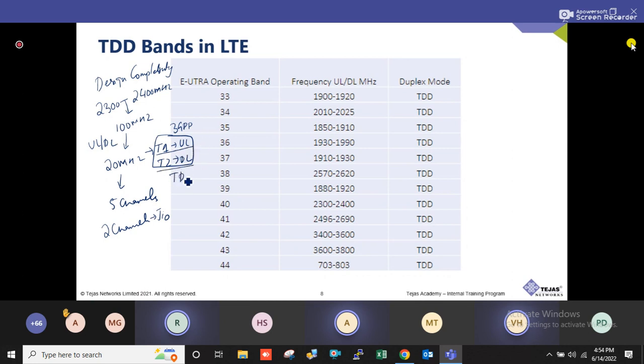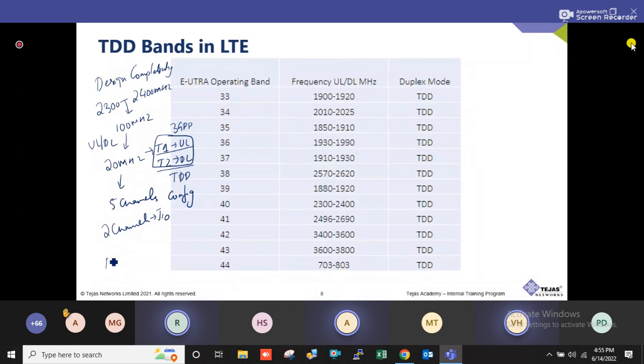We have something called TDD configuration, which I'll come to when we go to configuration. All these are predefined in standards, and operators have a choice to take those configurations and implement them. So you can see the design complexity is more.